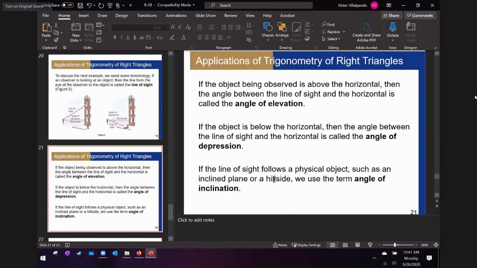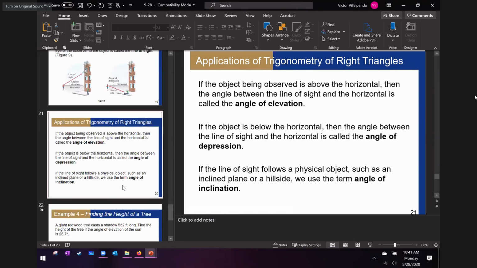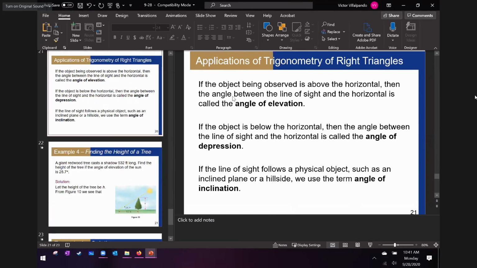If the line of sight follows a physical object such as an inclined plane or a hillside, we'll use the angle of inclination. So this gives us this last problem. It says a giant redwood tree shadows 532 feet long, right?